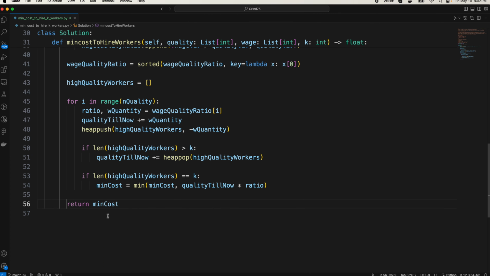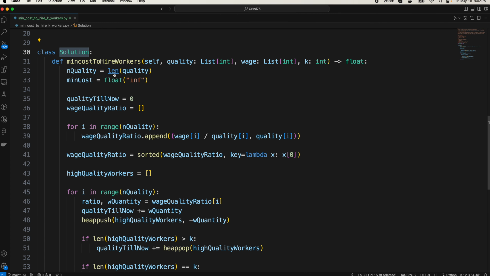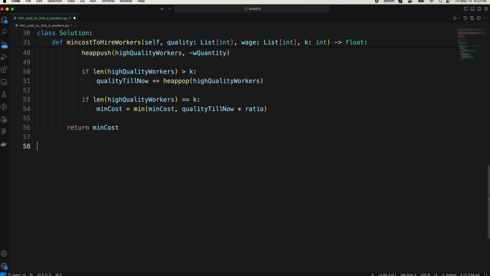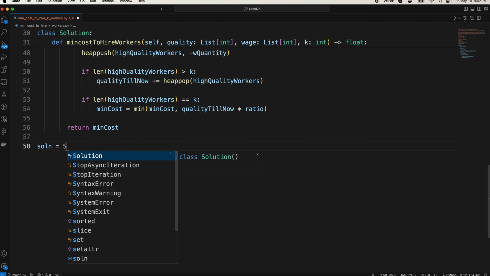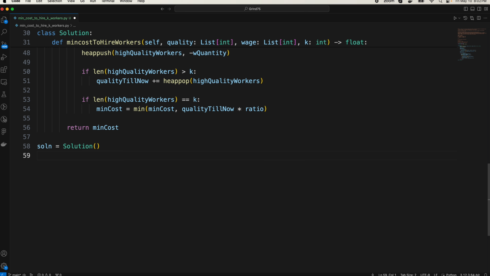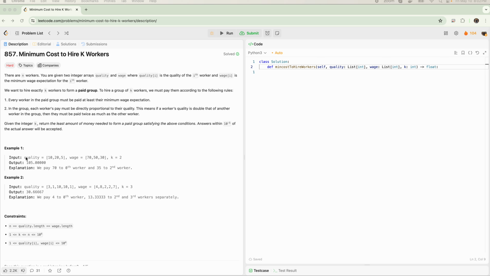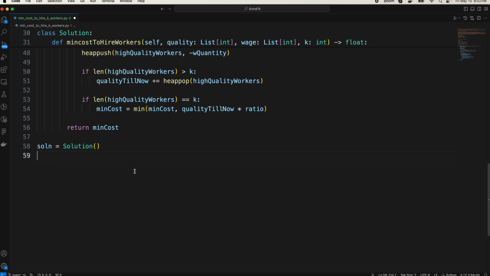So let's run through one example. So if we have solution, go to solution, and then let's take one example that we have here.